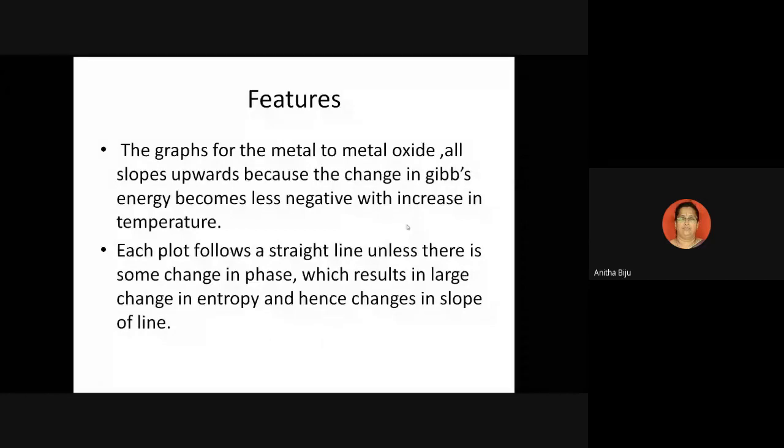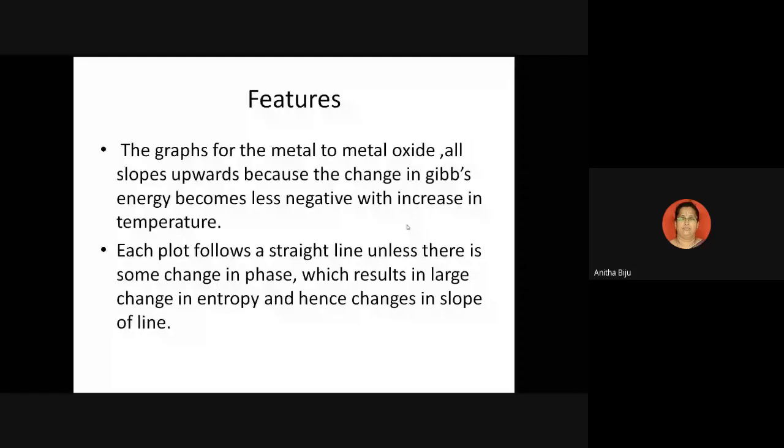But when we focus on change in free energy, the first value is minus 1200. Minus means the value is negative, which is related to a spontaneous process. So this is the first point you have to remember. Graphs for the metal to metal oxide, all slopes are upwards, meaning the change in Gibbs free energy becomes less negative with increase in temperature.